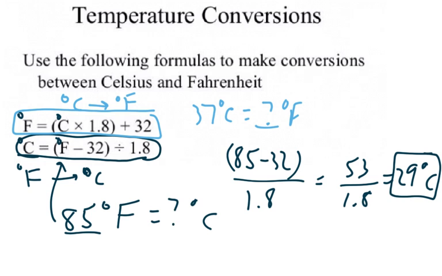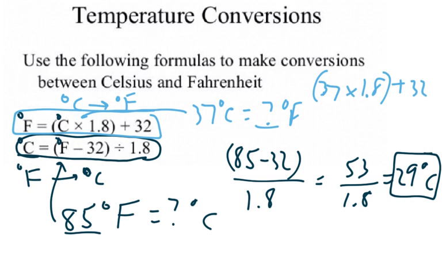So the 37 would get plugged in right here. First you do what's in the parentheses. You're going to take the 37 and first multiply it by the 1.8. And then after you multiply, you're going to add 32.